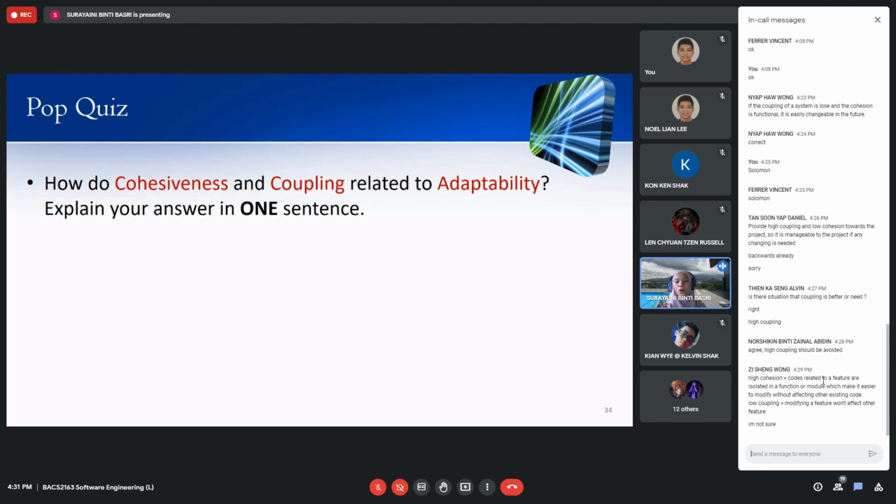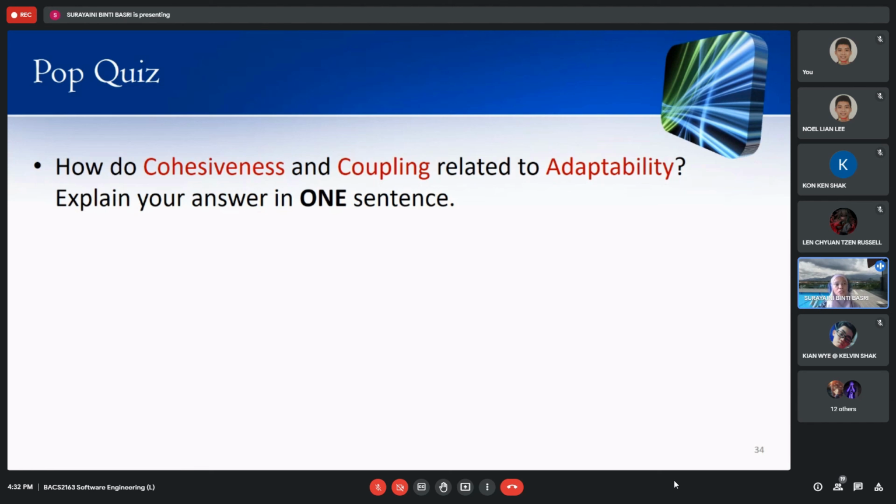High cohesion means you group them based on function, not because of the sequence of execution, or the output of one method becoming the input of another, but because they are functionally related to achieve one goal. That is what high cohesion means.